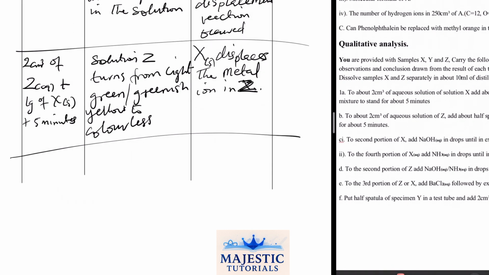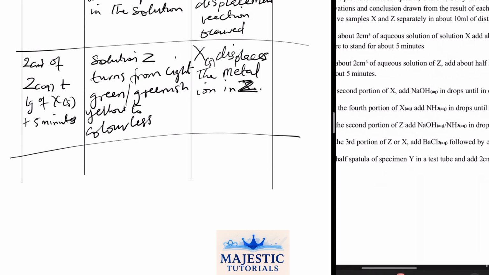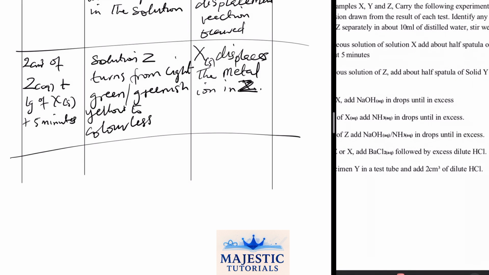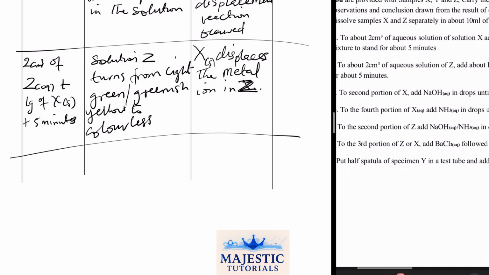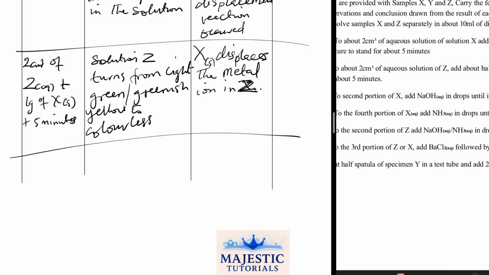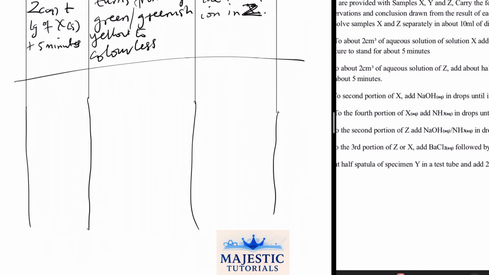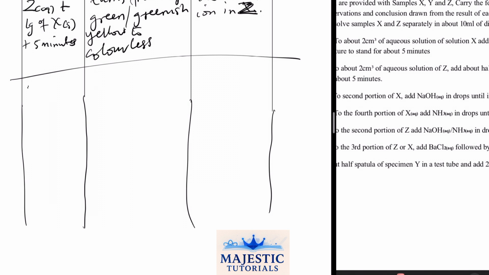Then we move over to question C. C(i): to the second portion of X, add sodium hydroxide aqueous in drops until in excess. This one is to officially confirm copper(II) ion. Sodium hydroxide and aqueous ammonia collectively are used to confirm copper(II) ion. So over here you have second portion of X aqueous plus sodium hydroxide aqueous in drops plus excess.